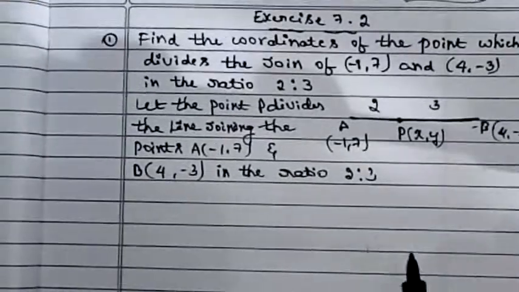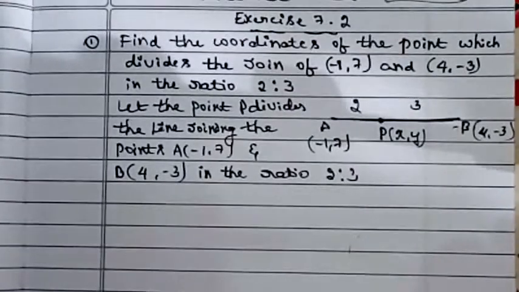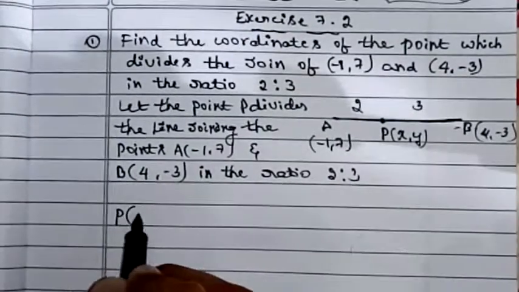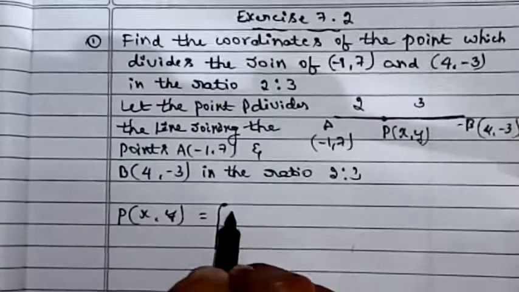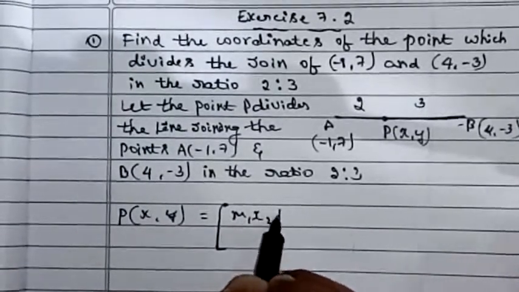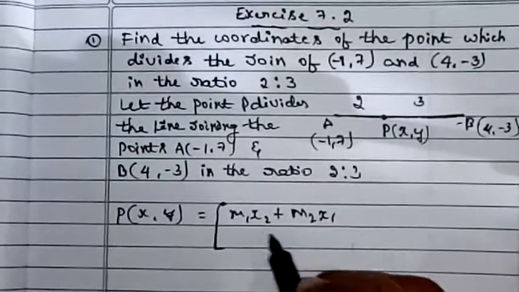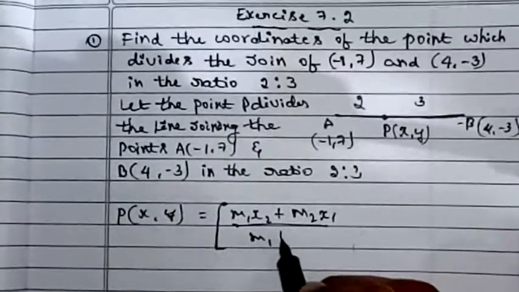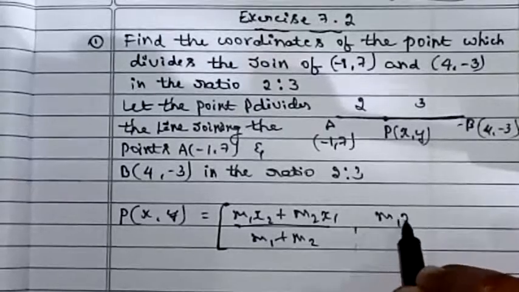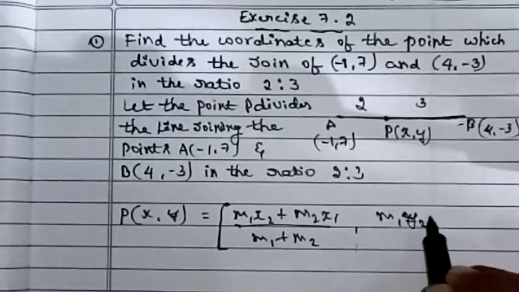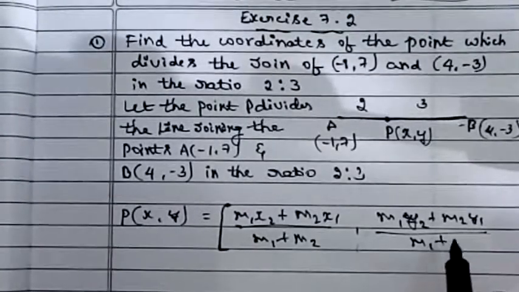Now by using the section formula we can find the coordinates of x and y. So what is the section formula? P(x, y) is equal to (m1 x2 + m2 x1) divided by (m1 + m2), comma, (m1 y2 + m2 y1) divided by (m1 + m2).